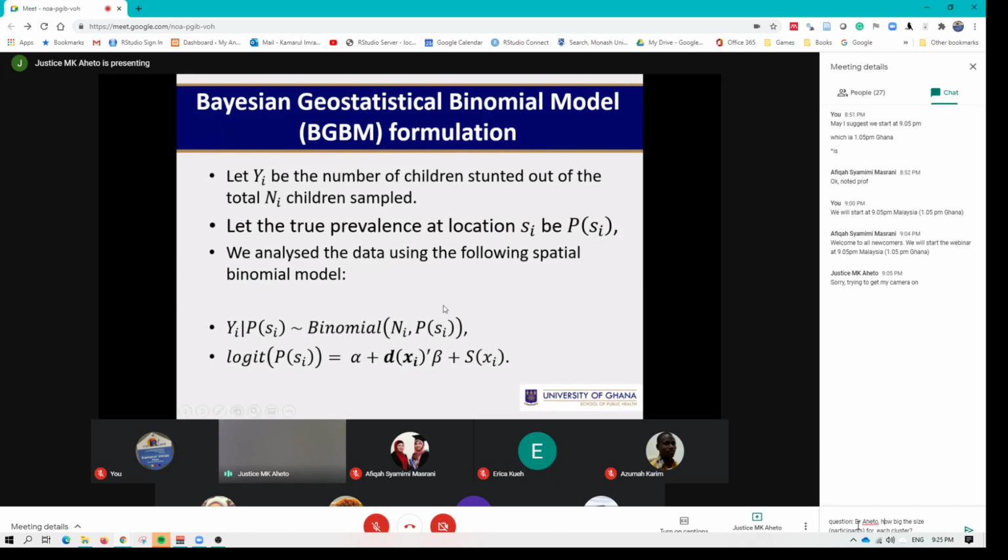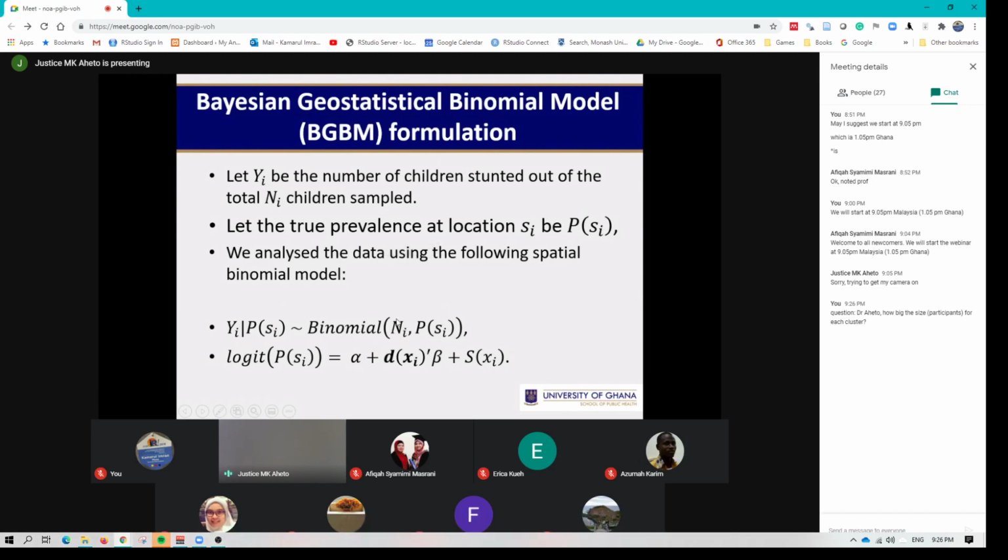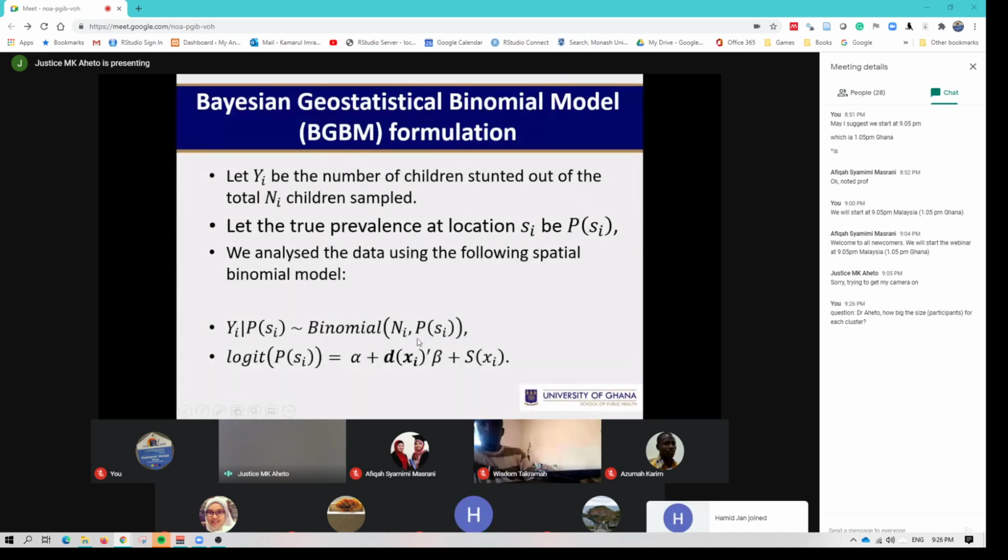So to analyze the problem, it's easy to assume that the count of children, conditional on the prevalence at a given geographical location, could follow a binomial distribution, where you have the total observations to be the capital N_i and the prevalence to be P of x_i, like I explained earlier. And you just need to take the logit of the prevalence, because remember, I want to predict the prevalence of under 5 child stunting.